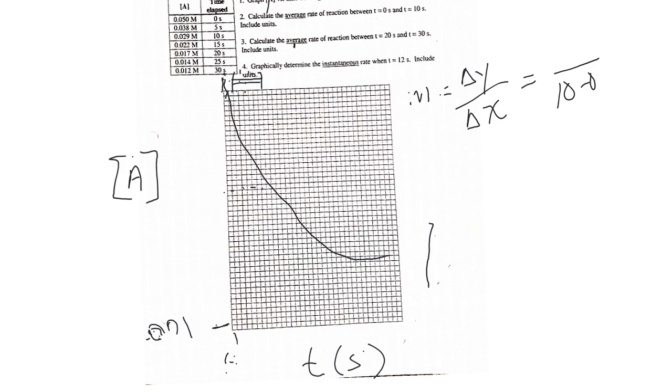So what you want to do is go along your x-axis there, get to the 12, move up, and then make a point at that 12-second mark, and then you want to make a tangential line, a line that's tangent to your curve. So it'd be something like this, but better. All right, and then you'll take the slope of your tangential line.